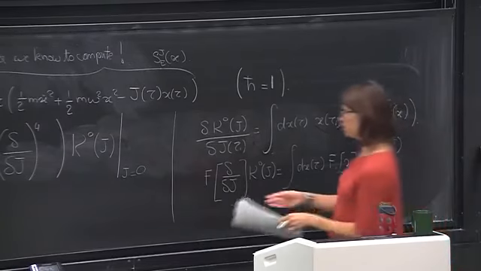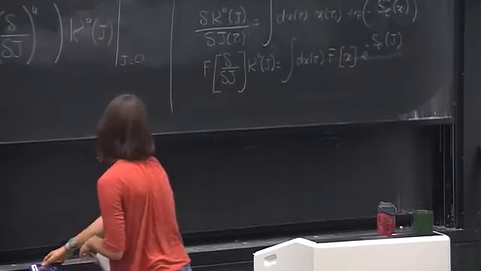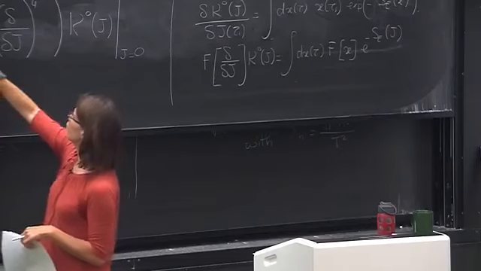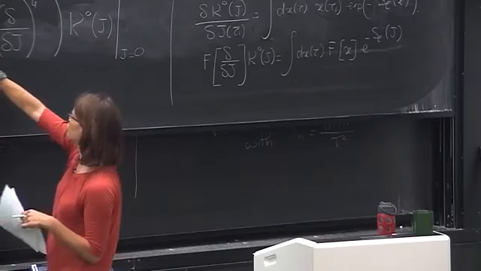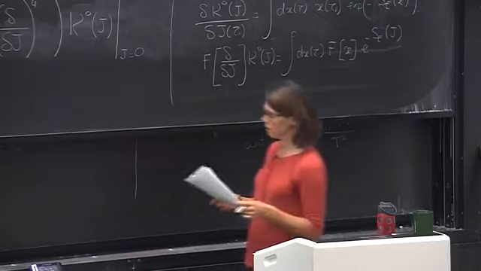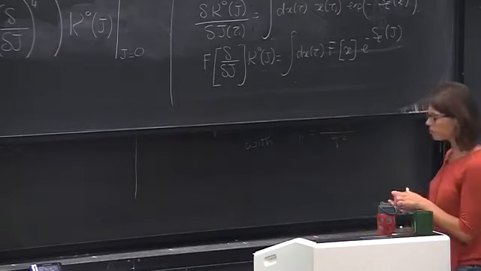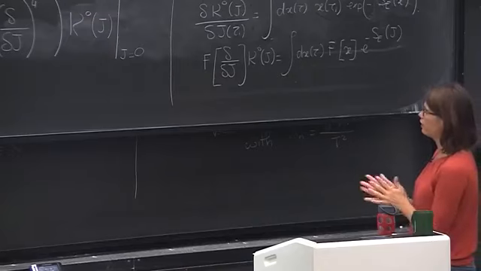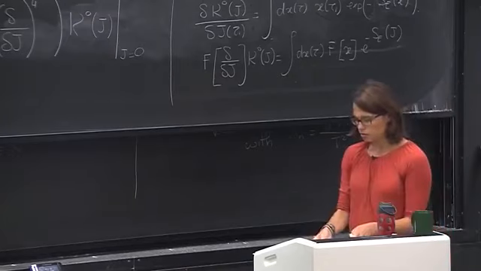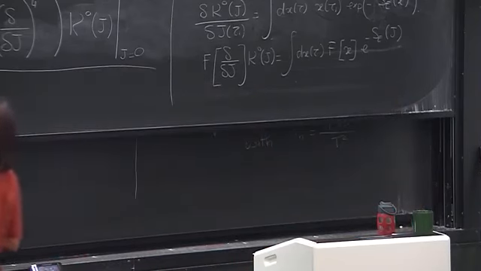So really here, the idea: the f we're going to choose is the exponential of minus the integral over d tau of lambda, and this functional derivative here. So this is what we're going to do.